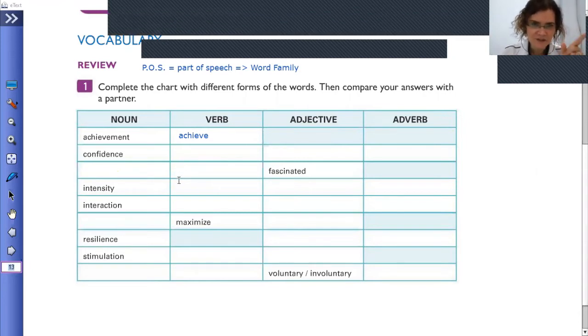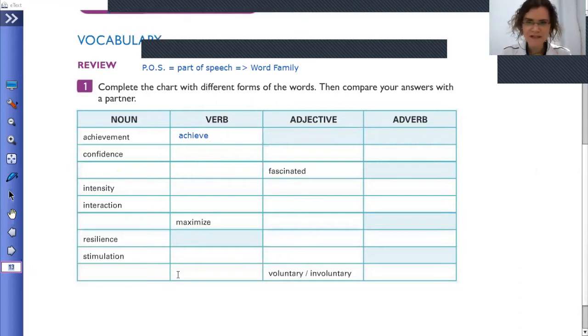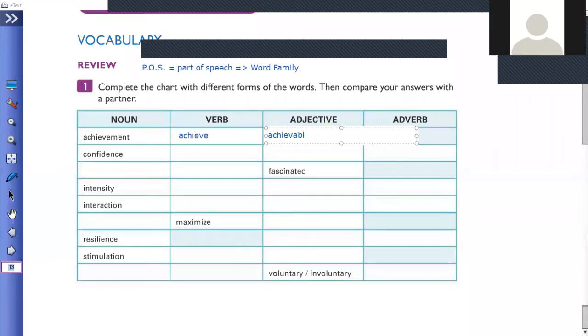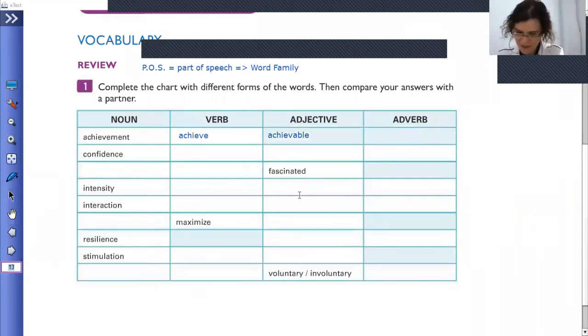Okay, so the noun is achievement. The verb is achieve. The boxes that are blue, basically we don't have any, but we can make one here though. We could say achievable. What do you think of that? Yeah, achievable. Achieved with ed. We can make not achieved, but achievable.